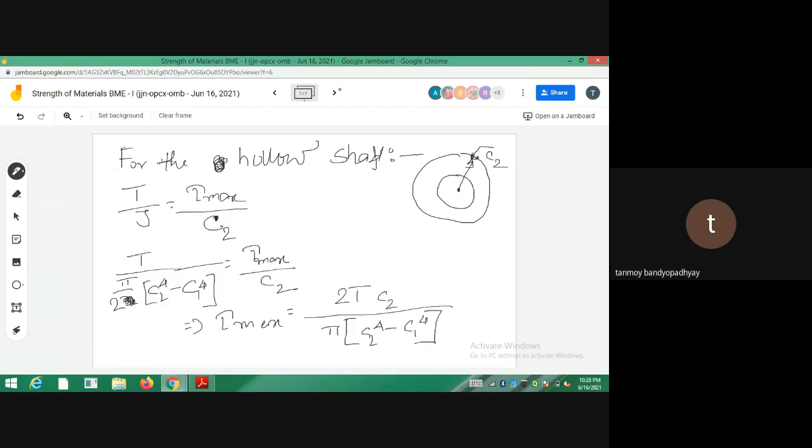So just put all the values. T is given to you. C2 is the outer diameter divided by 2. So what is the outer diameter of the shaft? For the hollow shaft, কত বলেছে outer diameter টা?